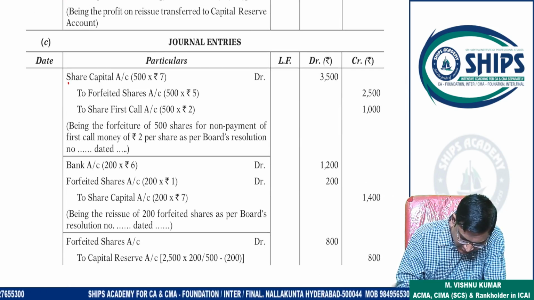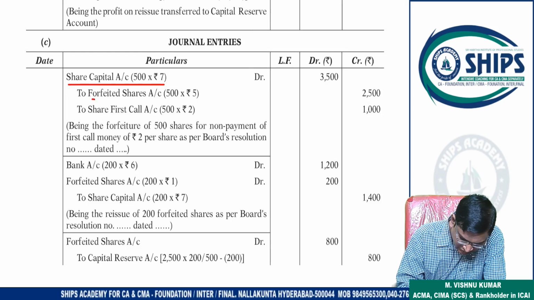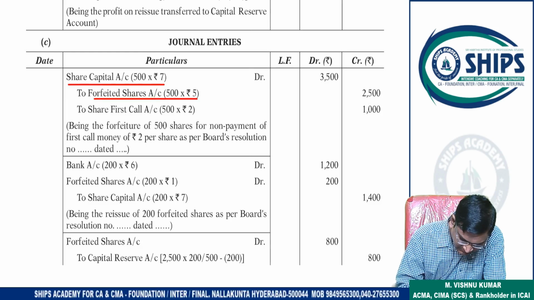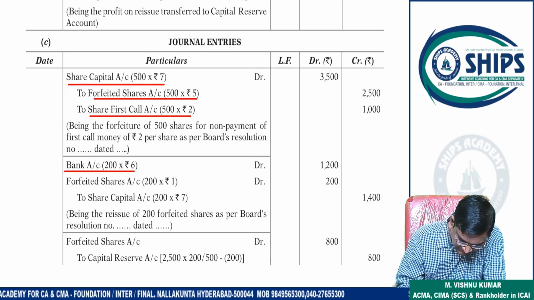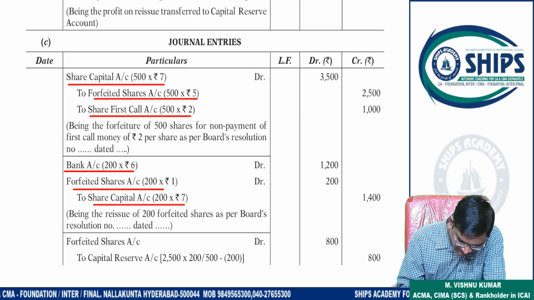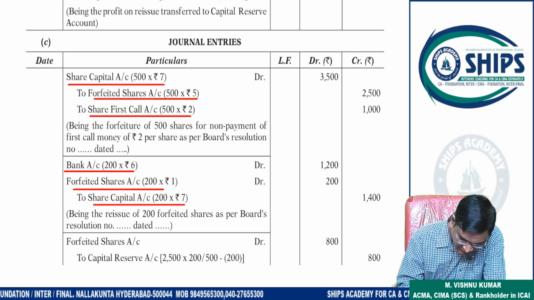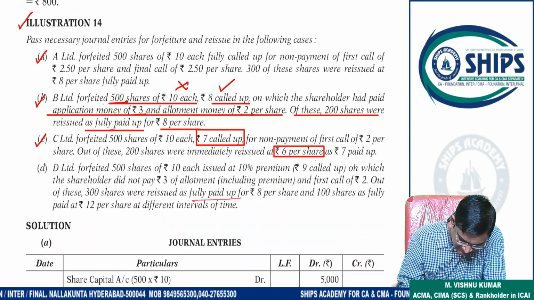First share capital account debit, so shares forfeited, first call, then bank account debit, forfeited shares account debit, share capital. Now before reissue how much received?